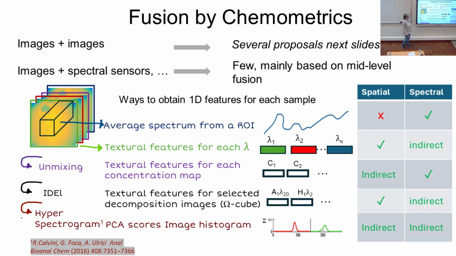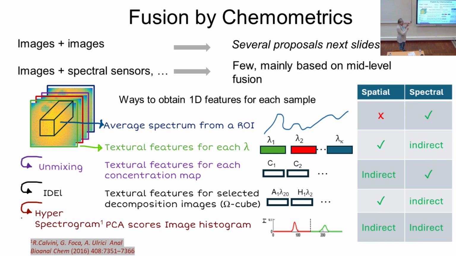You can do a mixing, for instance with MCR, and then have a textural feature on the concentration map for each component that you have resolved. And for each component, you can store the spectra, so you can come back when you need to do interpretation. You can use the approach I showed you before to extract features, or you can use the spectrogram at each wavelength. So also in this case, you will have a collection of spectral histograms, and this has also been proposed.